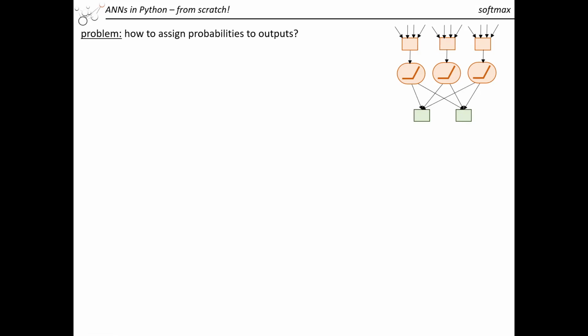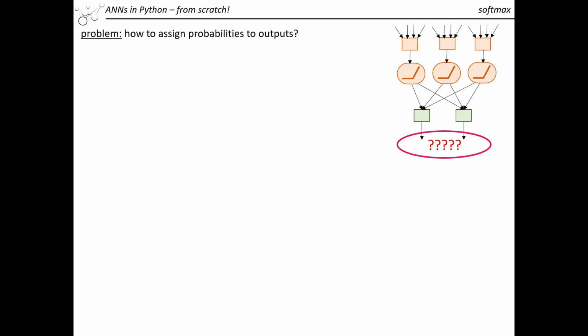So for example, I want to say, okay, this image shows a dog, this image shows a cat. And somehow we have to find a way to convert the outputs from the last layer into actual probabilities.